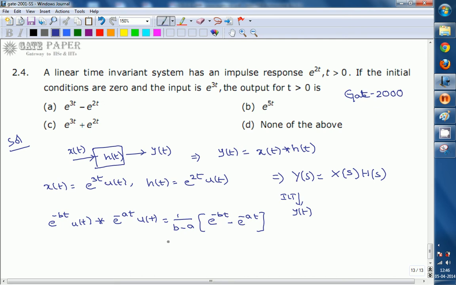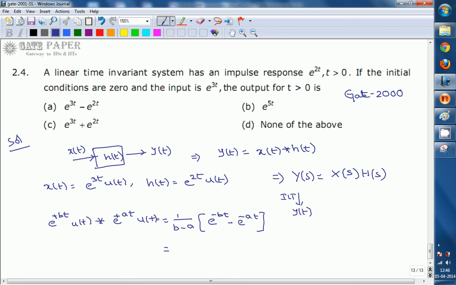Here, given that minus b equals 3 and minus a equals 2, then it becomes the following. We can observe that whether it is plus or minus, there is no problem.